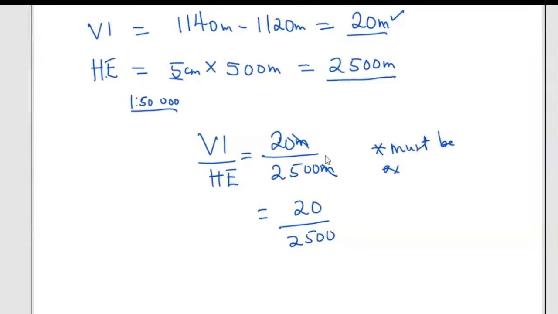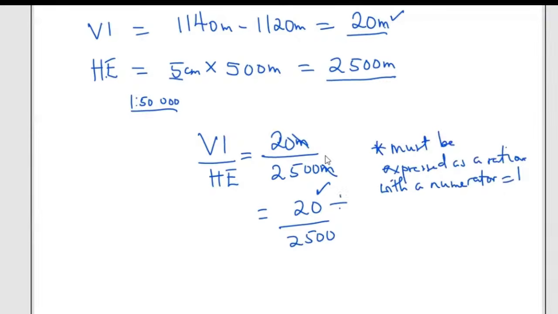Right, our gradient, remember, must be expressed as a ratio with a numerator equal to 1. That is the rule of gradient. We must always express our gradient as a ratio with a numerator equal to 1. So my numerator is 20 here. I need to reduce 20 to 1. What must I do?